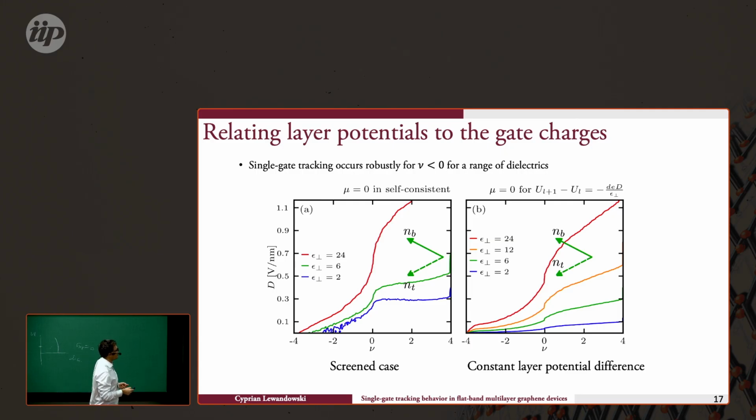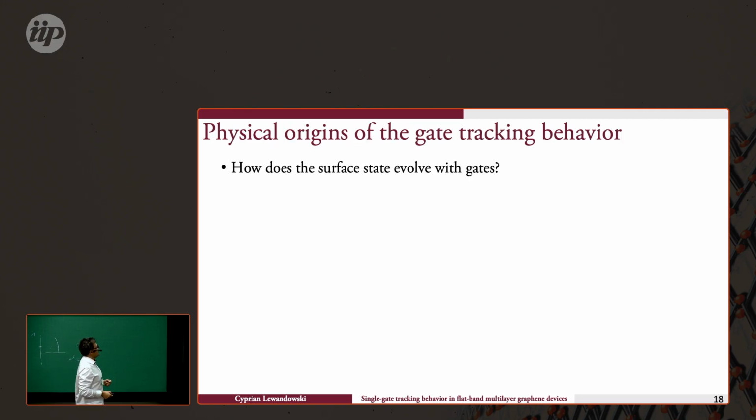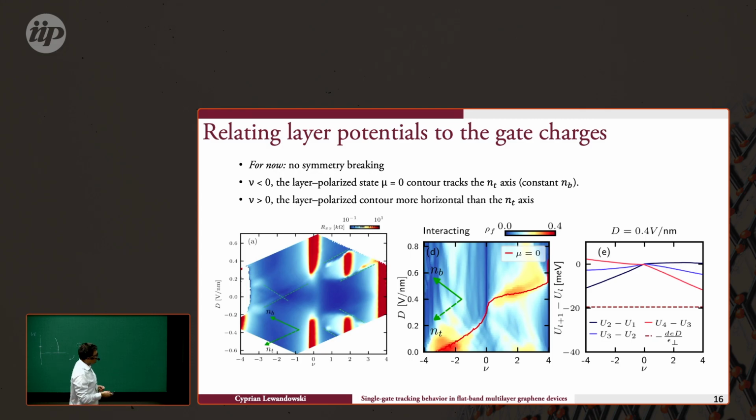If I vary the dielectric constant in my system over a wide range of charges, then this electrostatic mechanism is actually guaranteed to pin it to the one fixed gate orientation, unlike if I were to take the problem and just enter the fixed layer potential. Okay, good. So this is the outcome of numerical simulation.